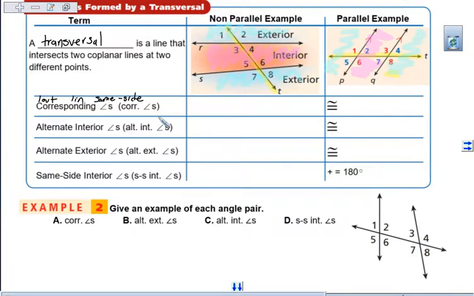So when we look and see which angles are corresponding, they've got to be on the same side of that transversal. One's outside and one's inside. So we'd have angle 1 and angle 5 being one set. Another set, one inside, one outside on the same side of the transversal, would be angle 3 and angle 7.